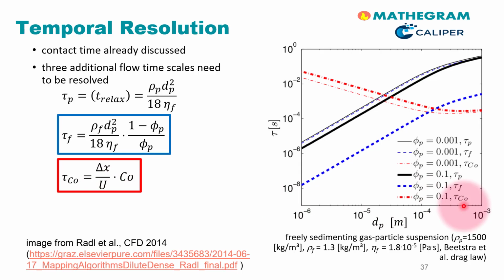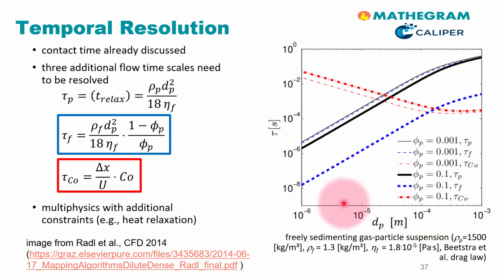In summary, choosing an adequate time step size in coupled simulations requires careful thought about the involved physics. Last but not least, one must mention that additional physics may impose additional constraints on the time step size.